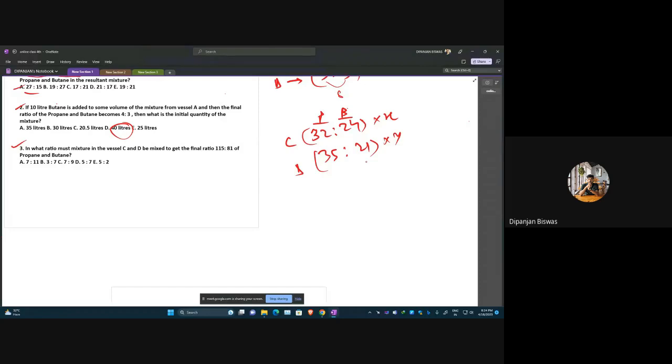So the total propane should be 32X plus 35Y divided by 24X plus 21Y equal to the given ratio 115/81. Okay.